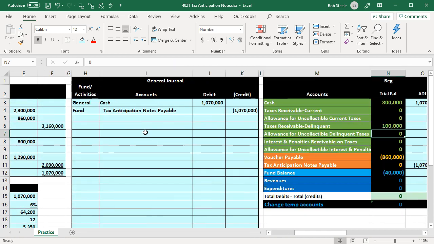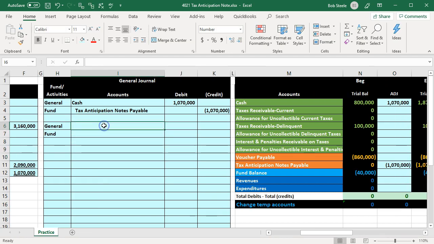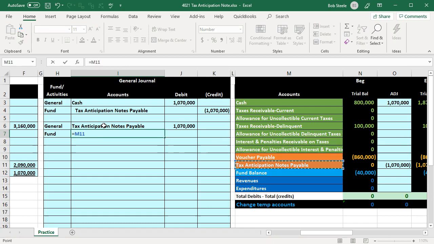It would look just like we would expect it to look for the most part on an accrual basis. We've got the general fund. We're going to say that we're going to pay off the note. So we're going to be in I6, and the note's going to be off the books. So we're going to take off the note payable. It's going to be for the same amount. Then we're going to have to record the expenditure, which is interest. So the interest is going to go to an expenditure instead of an expense, because this is the modified accrual.